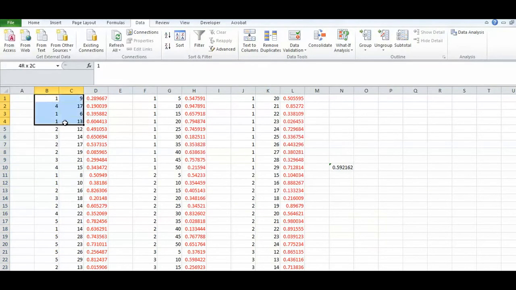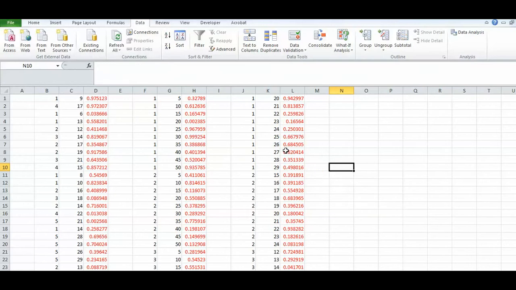It's a new group of 10 people. And now it looks like the correlation coefficient for these 10 people is actually 0.59. Excel calculated it automatically, but I'll show you how to do it again.